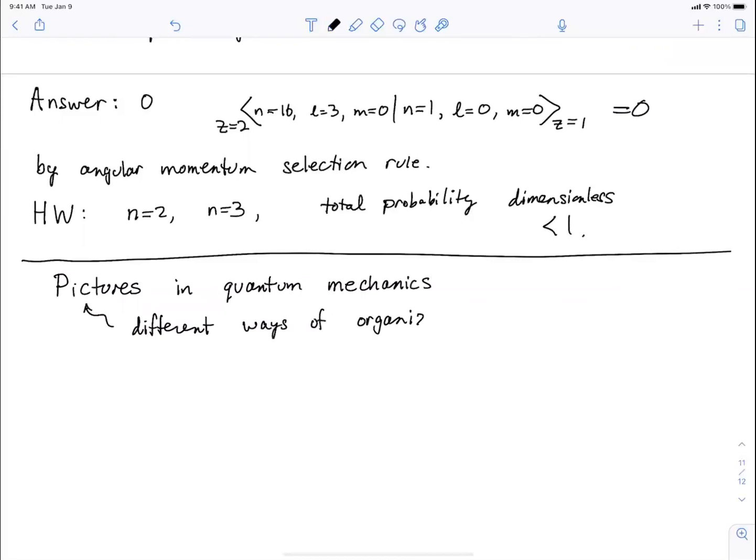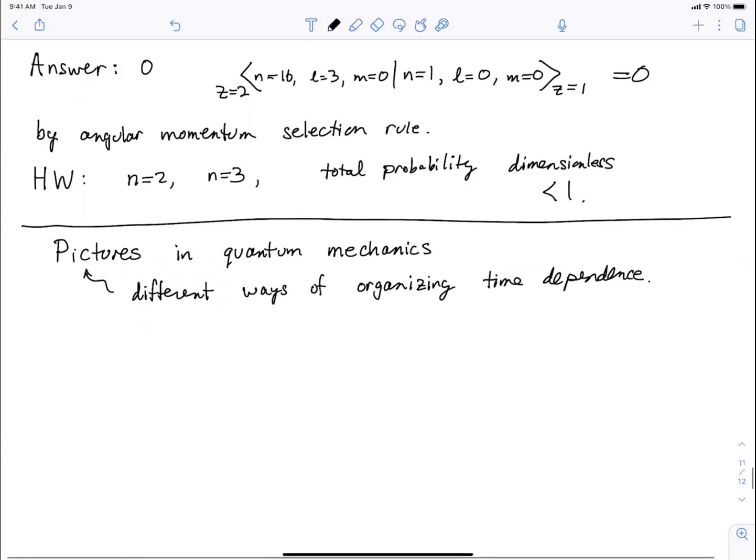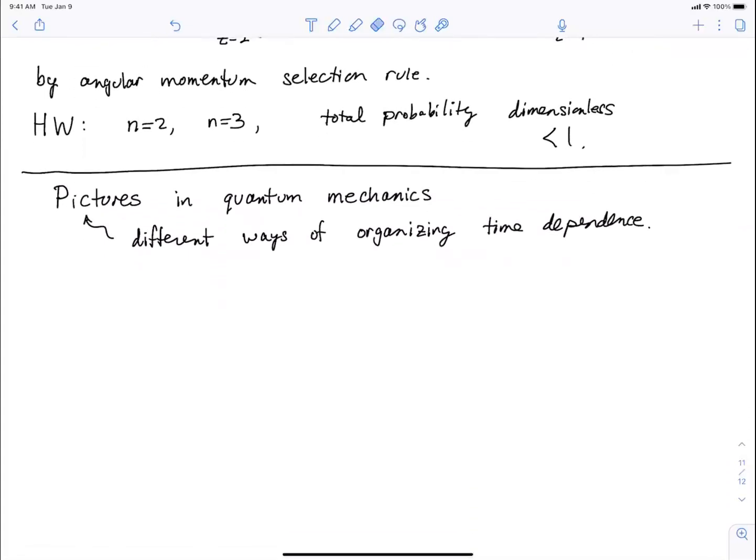Okay, and there are 3 pictures that are generally talked about.